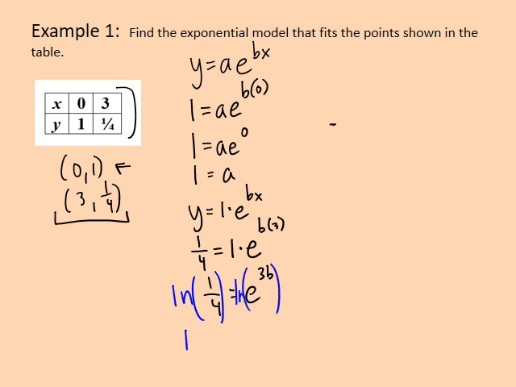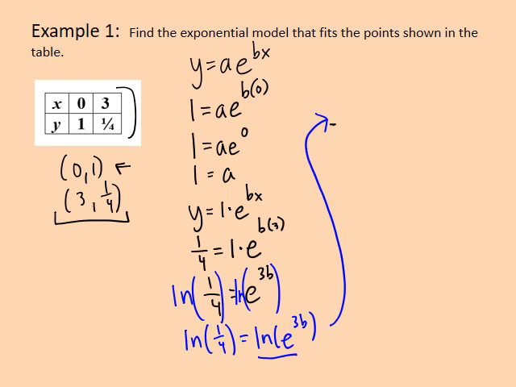On one side we have the natural log of 1/4. On the other side we have the natural log of e to the 3b. Since natural log and e undo each other, that simplifies to the natural log of 1/4 equals 3b. We can divide by 3, and b equals the natural log of 1/4 divided by 3.